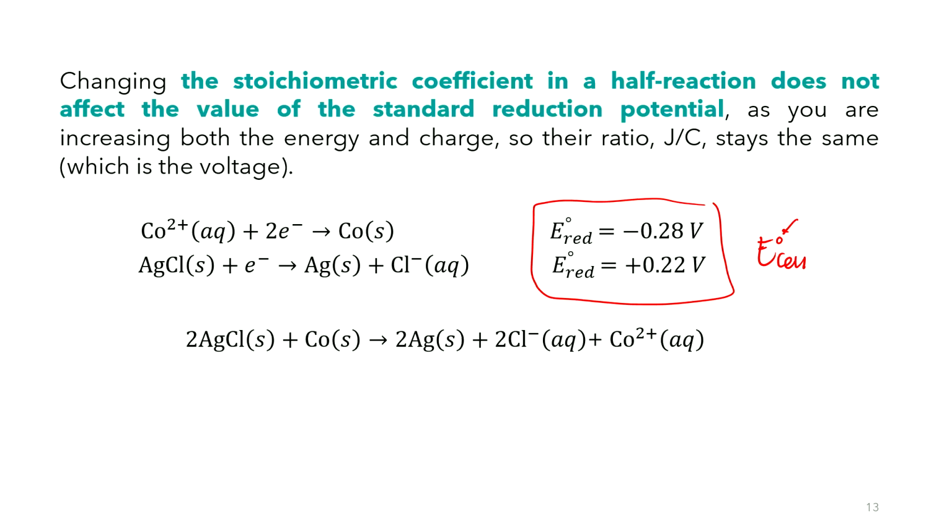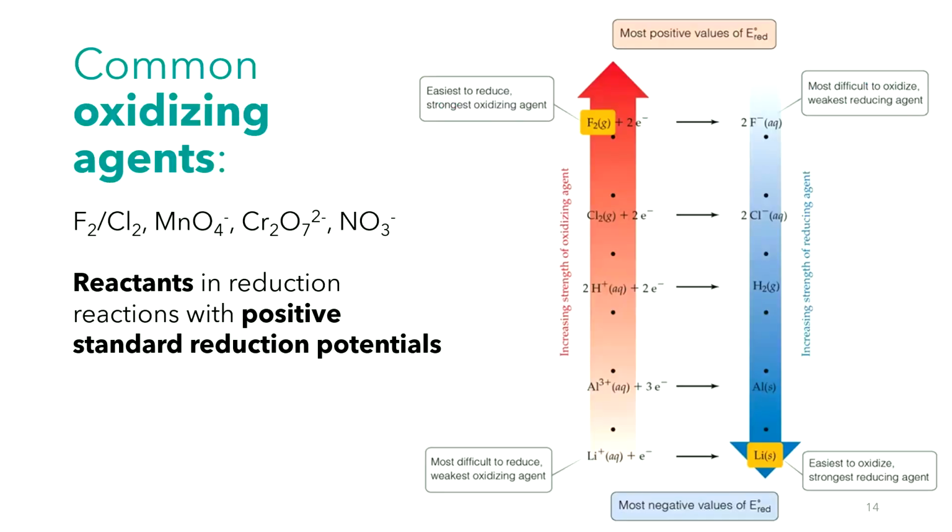Okay, we're going to shift a little bit and talk about the qualitative description of these. So we often talk about oxidizing agents. You all know and remember that oxidizing agents are really good at taking electrons. They are the things that are more likely to be reduced. So when we look at this table of standard reduction potentials, the good oxidizing agents are up in this top left corner.